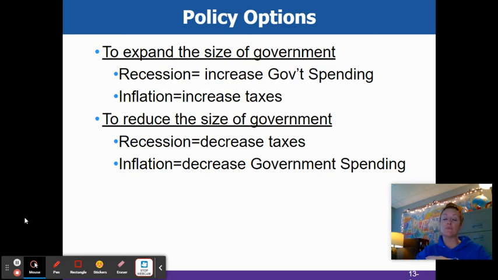They would allow consumers to keep more of their own money as opposed to printing money and undertaking greater debt in the form of the national debt in order to make the government bigger. In times of inflation, then, they would decrease government spending, again, letting consumers keep more of their income to decide how they want to spend it rather than the government making those choices.